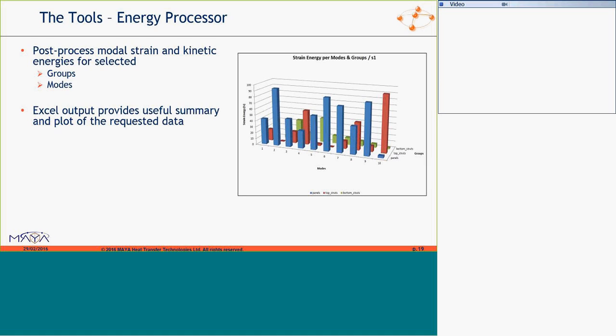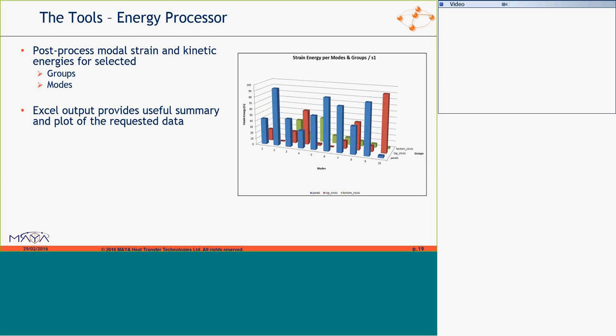Like all the other processors, the energy processor runs off of a Nastran solution. In this case, a solution 103, maybe the same OP2 that you would use for random. It allows you to post-process your modal strain and kinetic energies for selected groups or for selected modes.